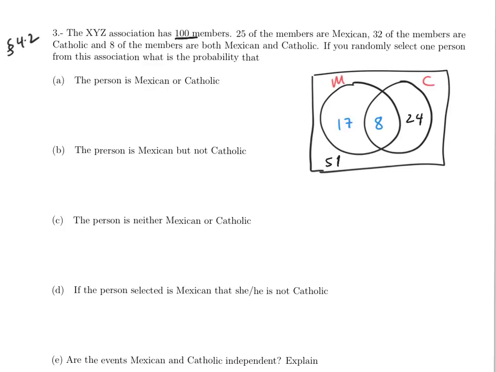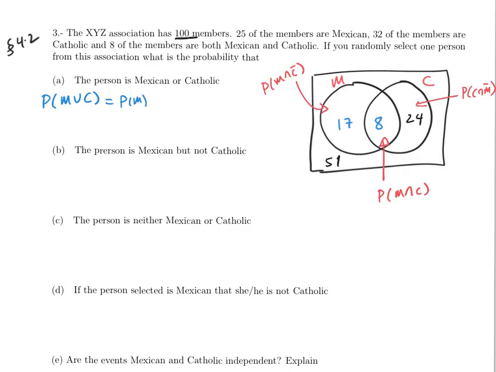Now mathematically, remember, these are Mexican and Catholic. These are the people that are Catholic but not Mexican, and these are the people that are Mexican but not Catholic. The first question is asking what's the probability that a person is Mexican or Catholic. This is the happy face formula, so you use the formula.